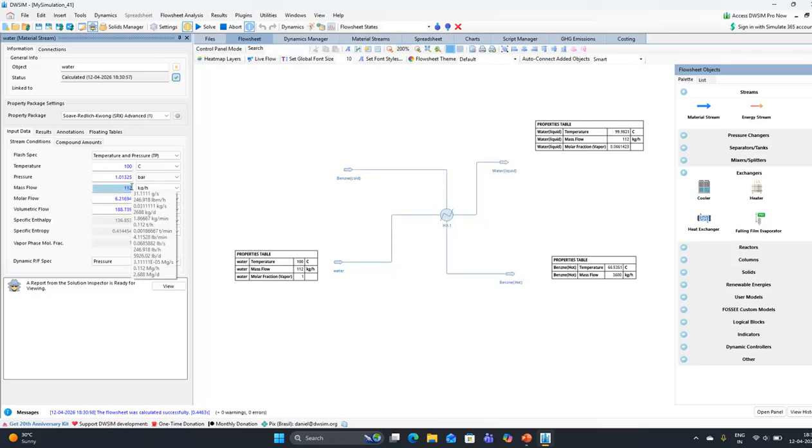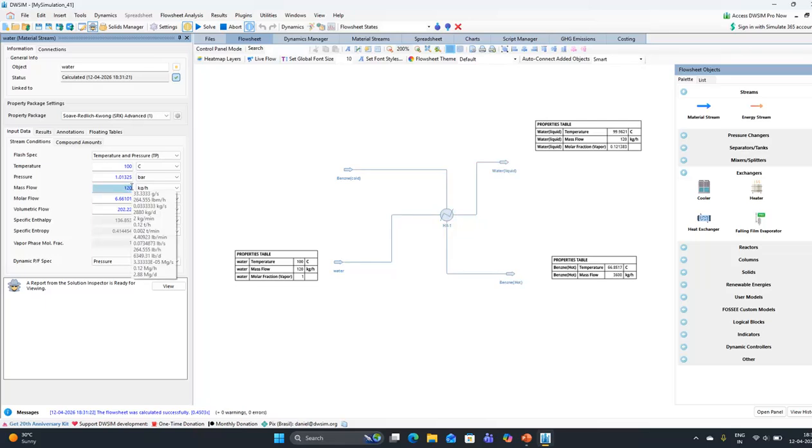You can see as I am increasing the water flow rate, only the condensation is happening and the amount of vapor is reducing. I will make it 118. Now you see the amount of vapor is again increasing. Now I will make it 120.